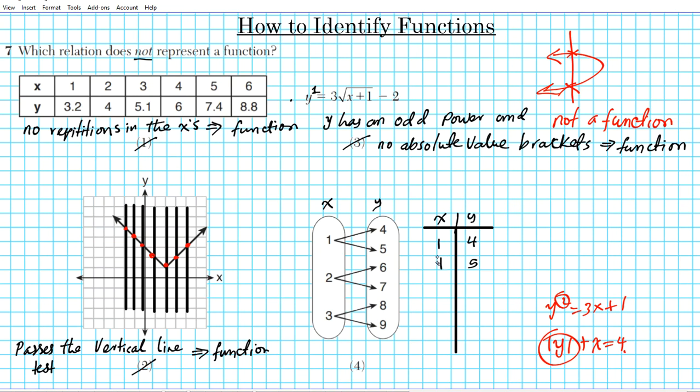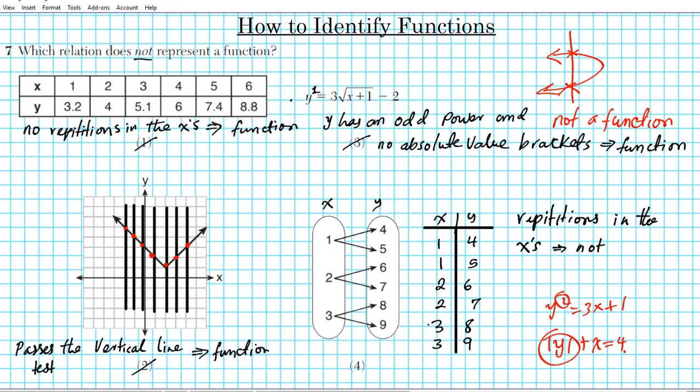Why is it a problem? Because we have repetition in the x's. And then 2 goes to 6, 2 goes to 7. That's another problem. 3 goes to 8, and 3 goes to 9. Ladies and gentlemen, this is not a function, okay? We have repetitions in the x's, in the inputs, so that means it's not a function.